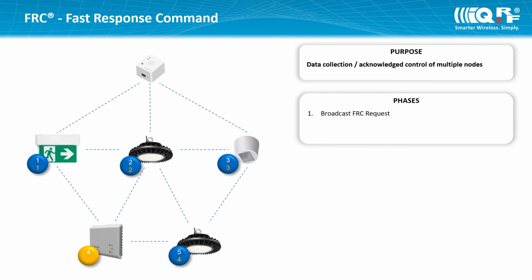The FRC consists of 3 phases. In the first phase, the request is broadcasted to the whole network. Then, every node, one by one, sends its data locally, and these data are received and stored by all discovered nodes in the direct range to the given node.